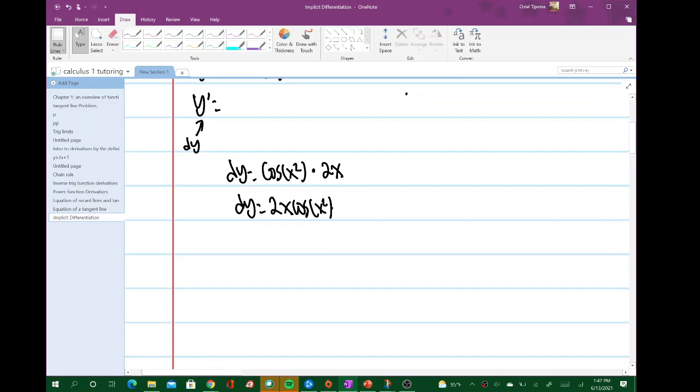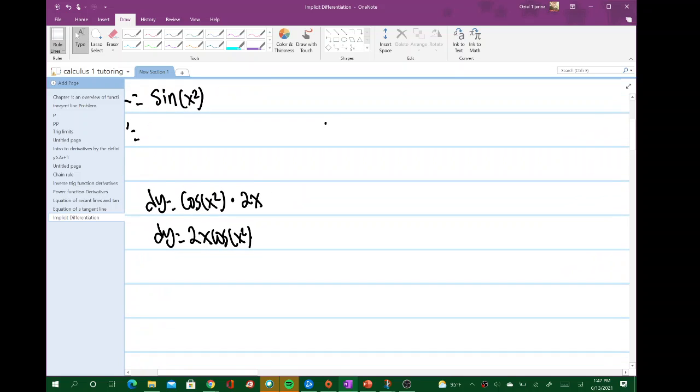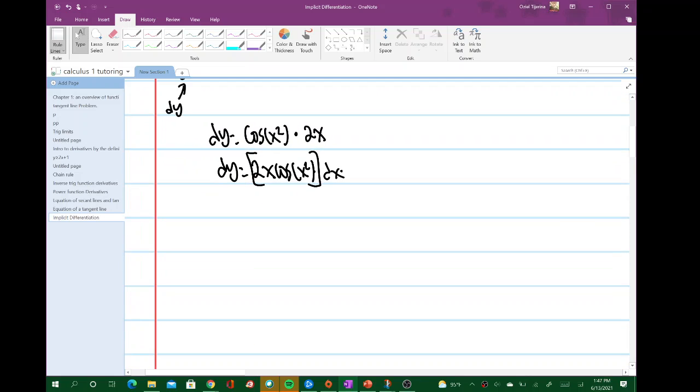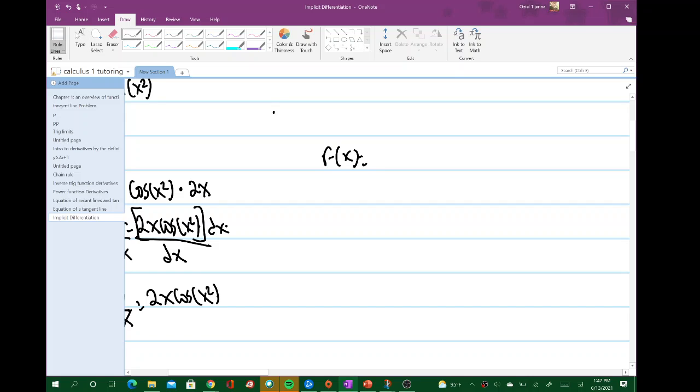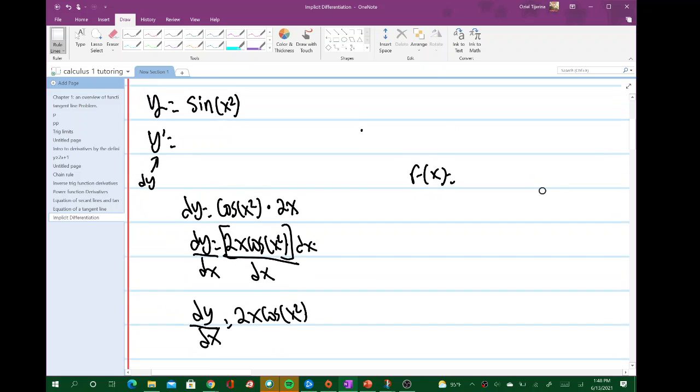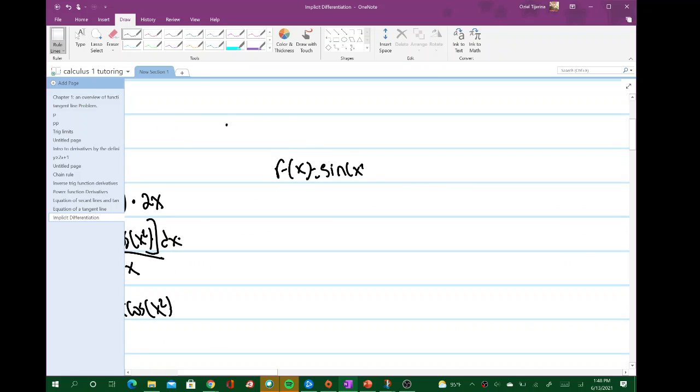Now, since they want it with respect to x, you would usually say dx, and then you divide by dx on both sides. You say dy dx equals 2x cosine of x squared. Now, if you had it in function notation, f of x equals sine of x squared, you would just say f prime of x is 2x cosine of x squared.